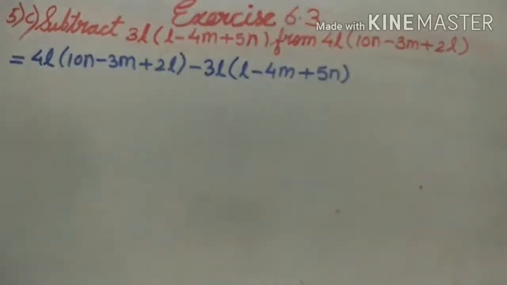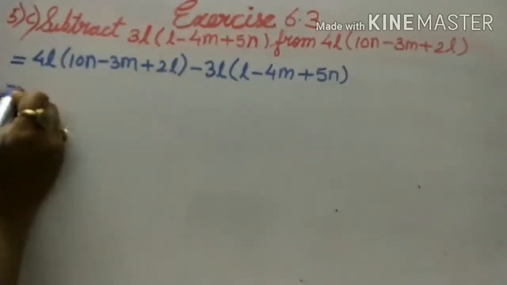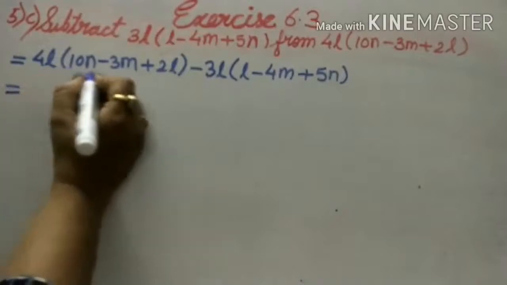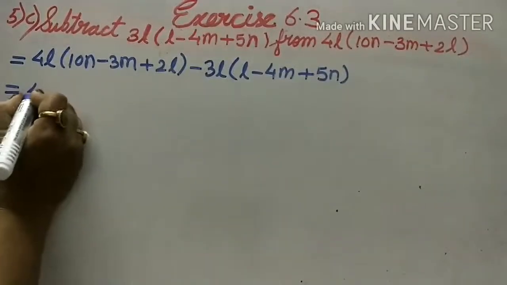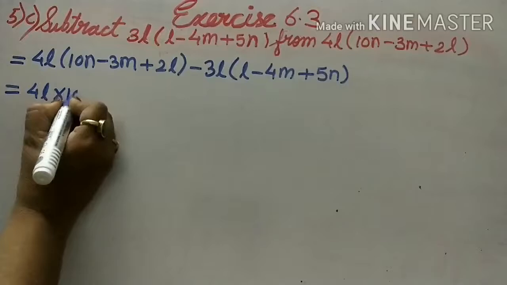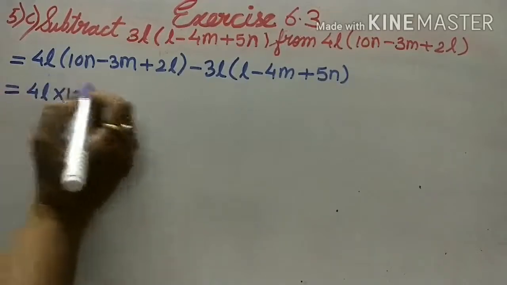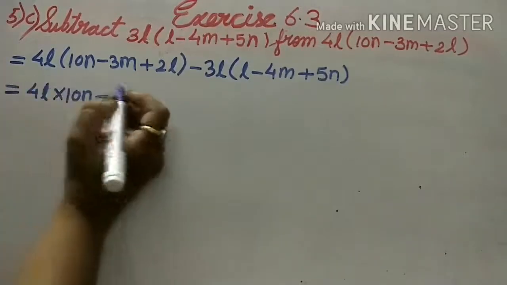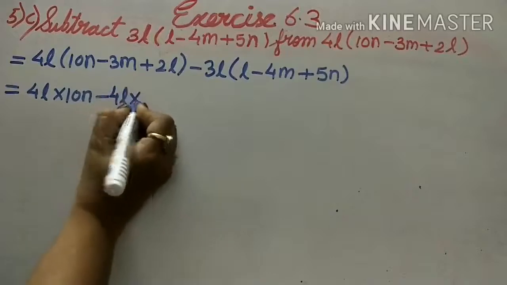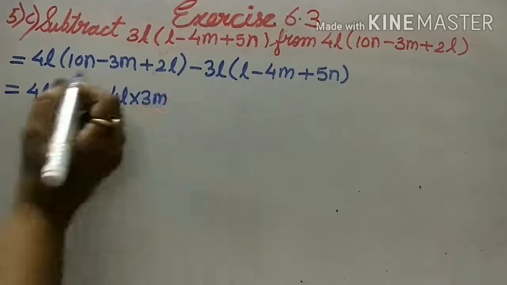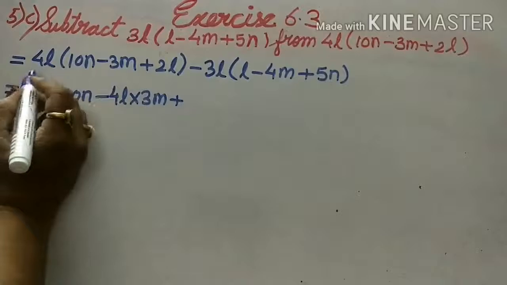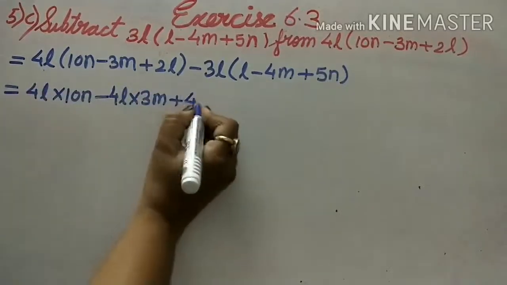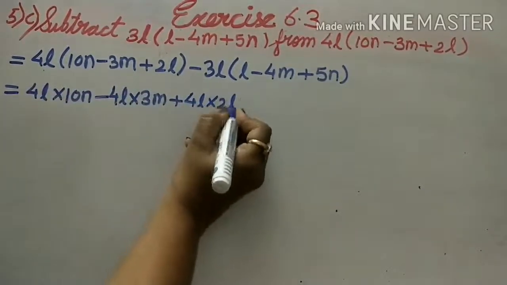Now we have to simplify this one. Is equal to, now this 4l we have to multiply to this whole bracket. 4l into 10n. Next, minus sign as it is, 4l into 3m. Now this plus sign as it is, 4l into 2l.